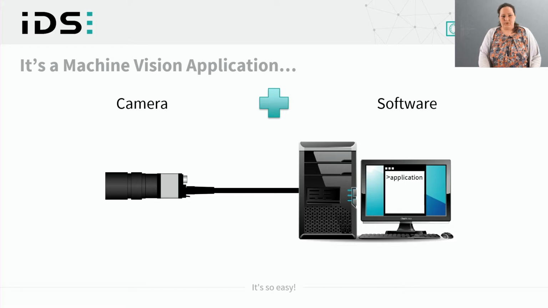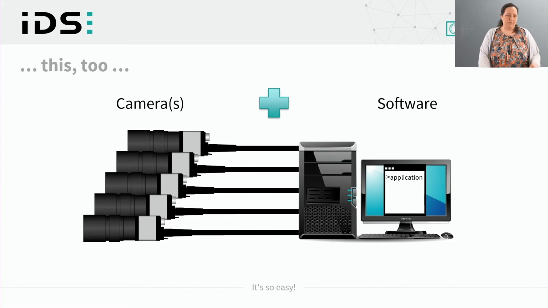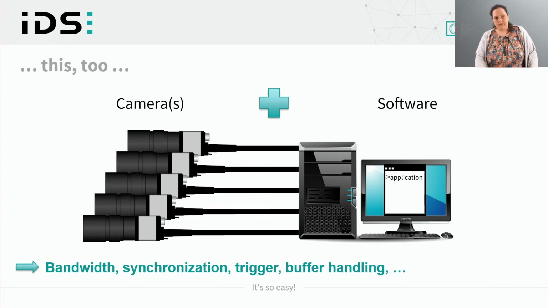And if we talk about the camera, it's not necessarily only one camera, but it can be multiple cameras. So from what your application is, there come different things to consider, for example, bandwidth or synchronization, trigger or buffer handling when we talk about multiple cameras.